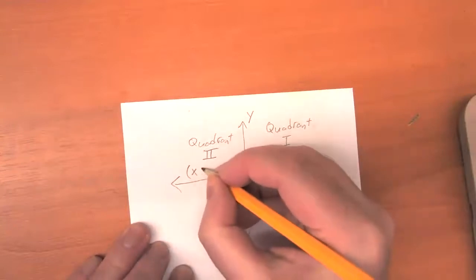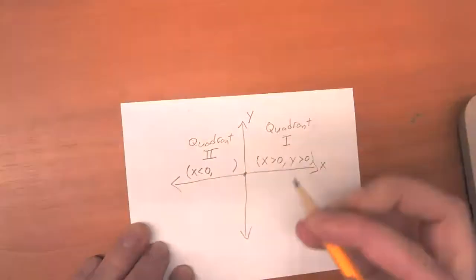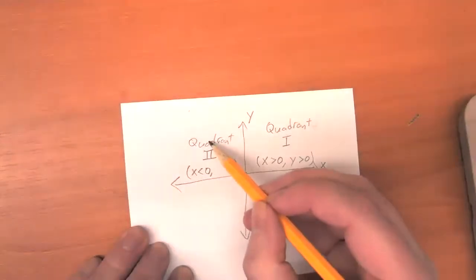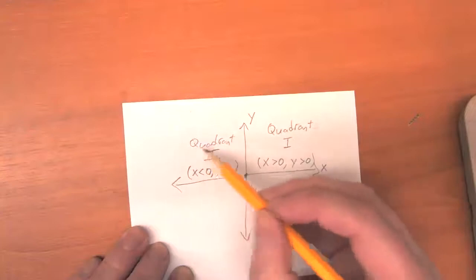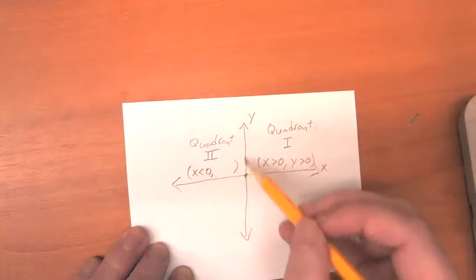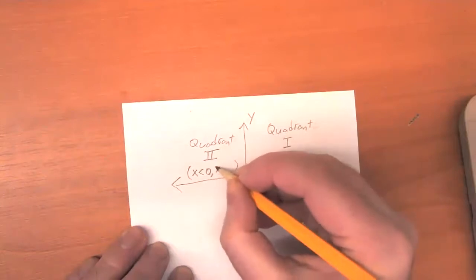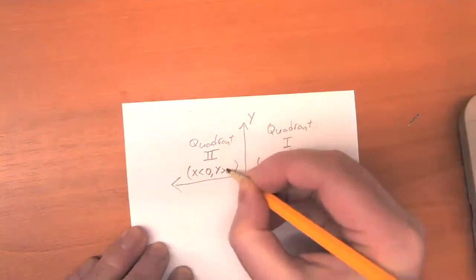So here we have x being less than 0. Are the y values greater than or less than 0 in Quadrant 2? Well, we're moving up to get to points in Quadrant 2, so that's the positive side of the y-axis. So the x values are negative, but the y values are positive.